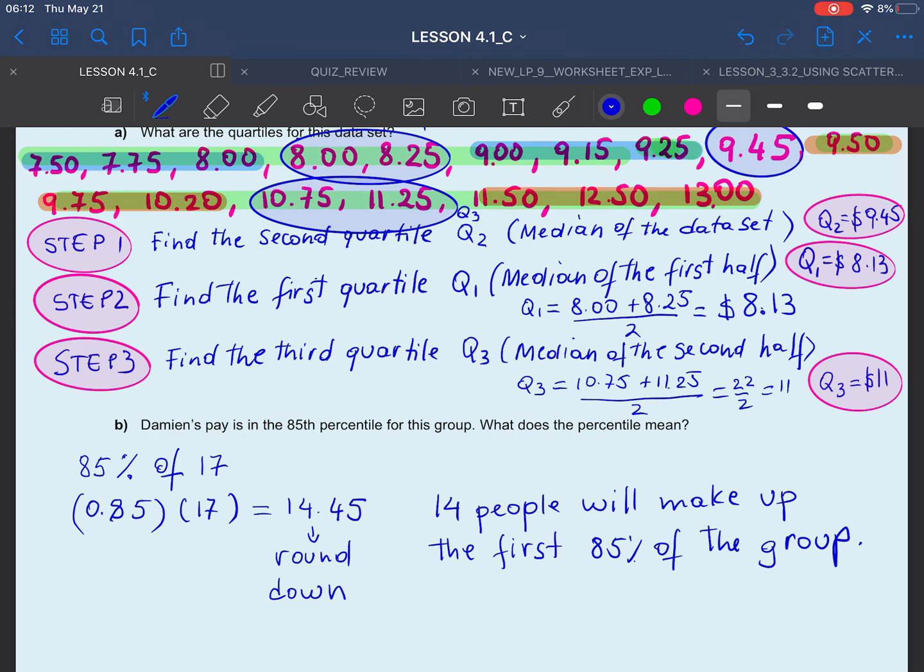So that means that the number of students who earn less money per hour than Damien is 14. So 14 people will earn less than what Damien earns.